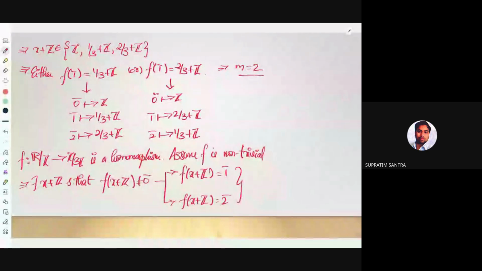In both these cases, we can actually say that 3 times f of x plus Z is basically 0 bar, the identity, because both of them have order 3 in Z mod 3Z. This implies x is again of the form a by 3 for a in Z. Are we able to go anywhere in this case?